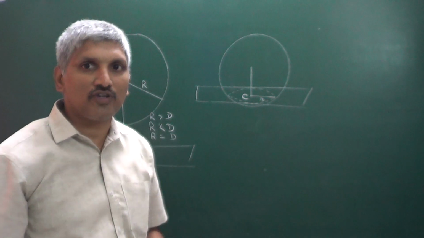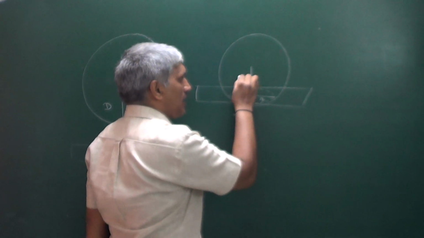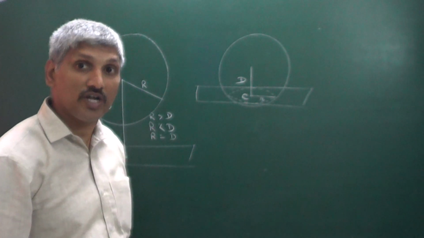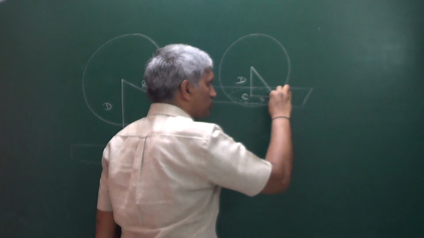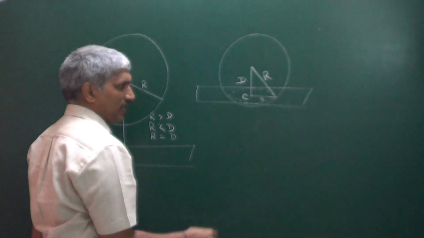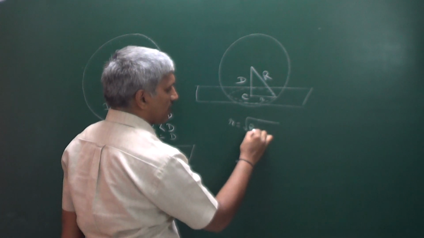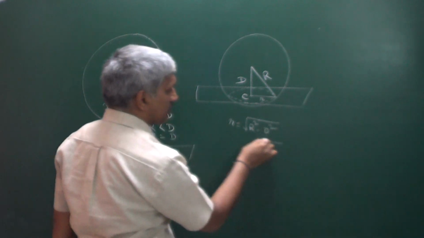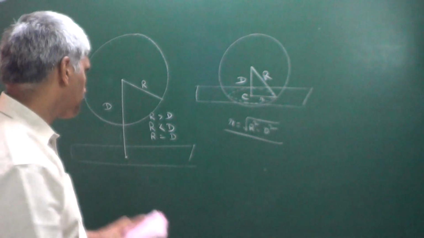With the help of that foot of the perpendicular, you will get the center of the circular cross section, and this distance is equal to d. You know the radius of the sphere is equal to capital R. Then we can find the radius of the circle is equal to square root of R square minus d square, which is the radius of the circular cross section.